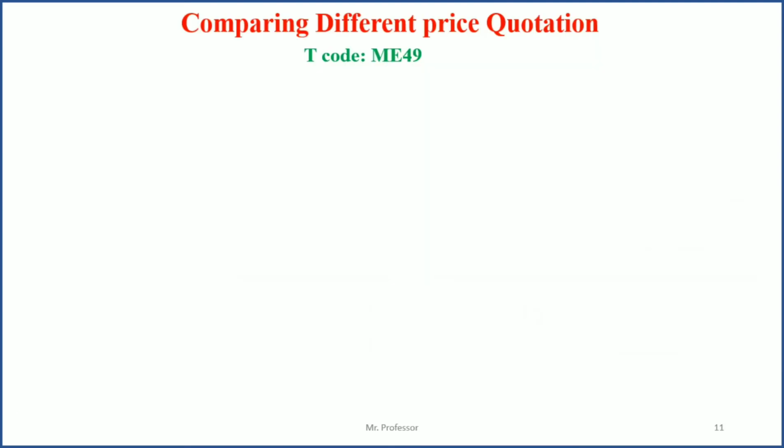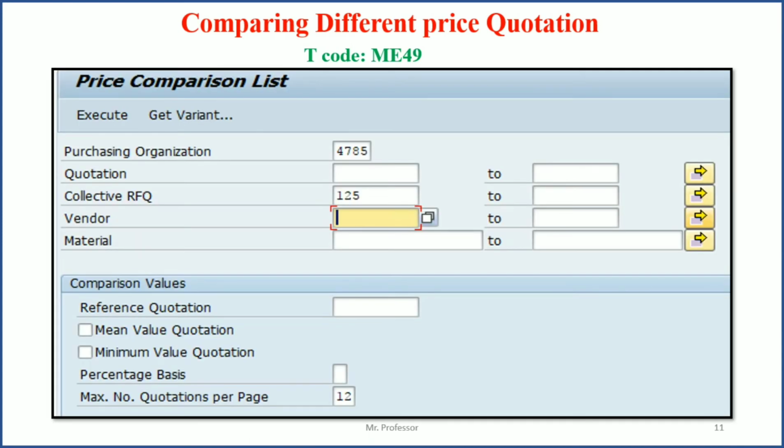Next, we are going to see comparing price for different quotations. After your quotations are entered, you can compare them to select the best available offer at this moment. We can select which quotations will be compared by using the collective number we addressed before, an important field that is maintained on the RFQ.